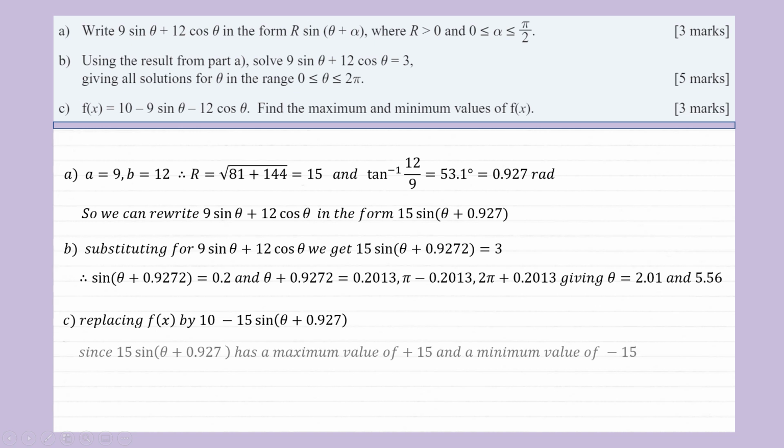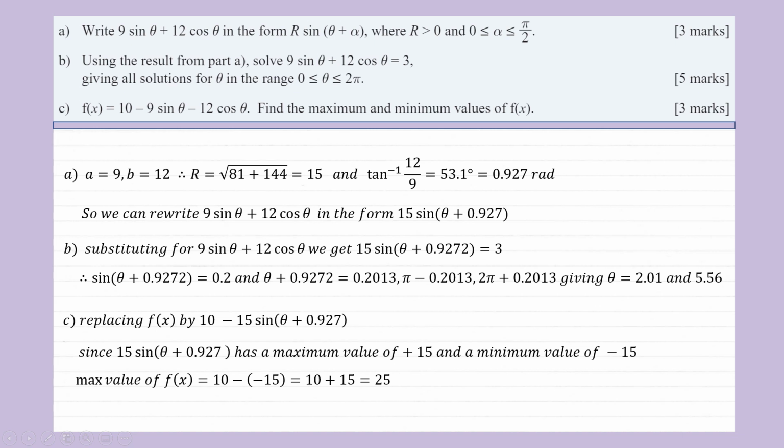So if we now realise that 15 sine theta plus 0.927 has a maximum value of plus 15 and a minimum value of minus 15, the maximum value of f of x is going to occur when the sine term is at its minimum value and it becomes minus 15.